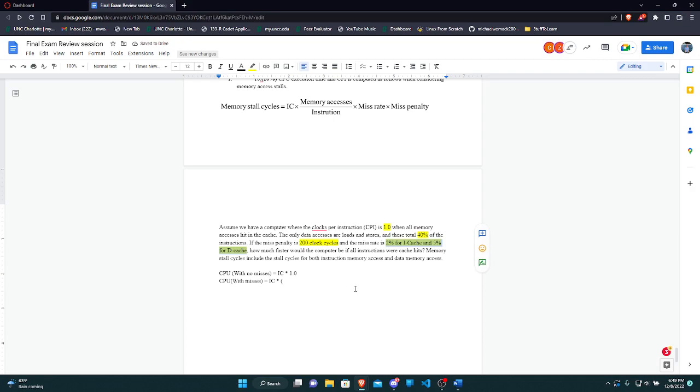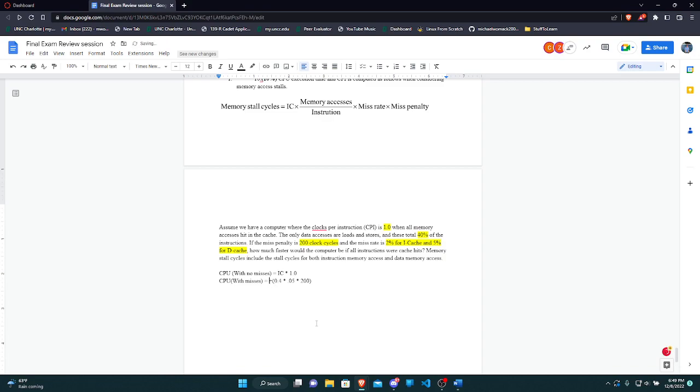So first things first, we'll go over this with iCache and dCache. We're going to do our 40% times our dCache miss rate, which is 5%, times 200, and this gives us our miss penalty for whenever we go to load stores.